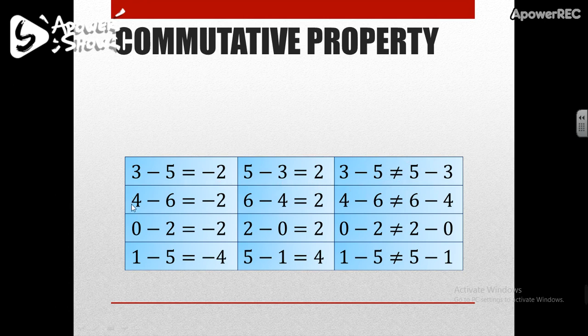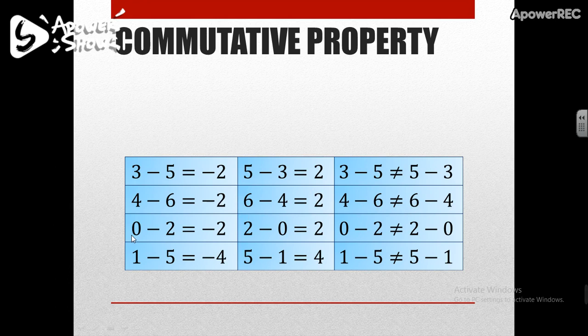Now let's move on to the second example. Here I am subtracting 6 from 4 and getting minus 2 as the answer. Here I am subtracting 4 from 6. After subtraction I am getting 2. So in the first one I am getting minus 2, and here I am getting plus 2. Again minus 2 is not equal to 2. That means 4 minus 6 is not equal to 6 minus 4.